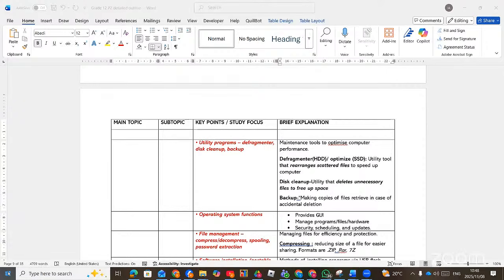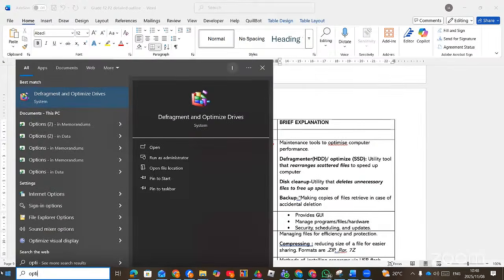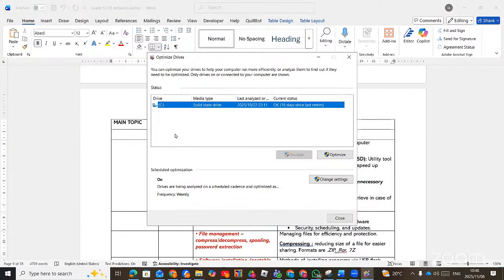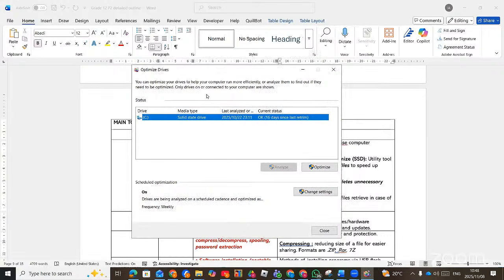So right now, if I search for optimize, it gives me here defragment and optimize drive. Because I am using an SSD for my laptop, you see optimize, you don't see defragmenter. So take note, you can see here solid state drive.